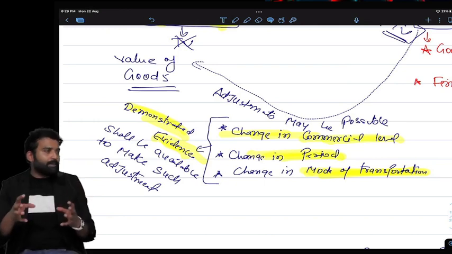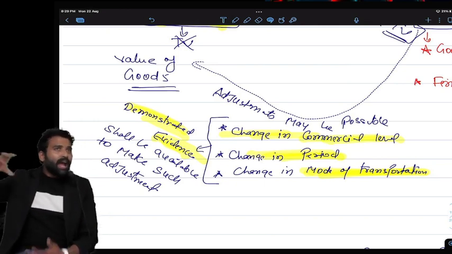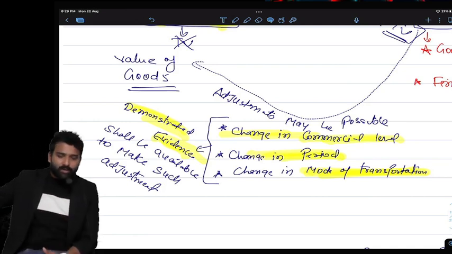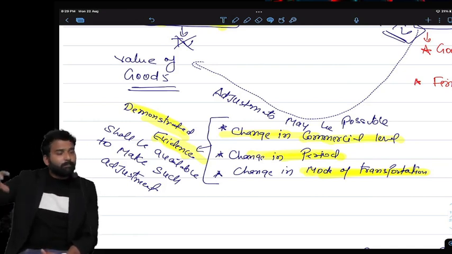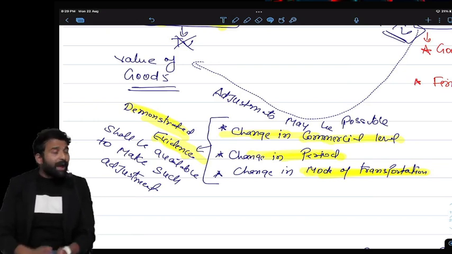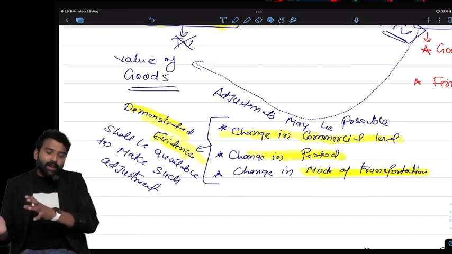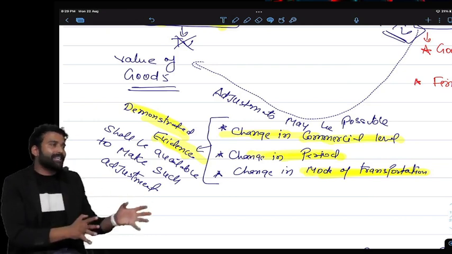The nearest time the goods were imported was 3 days earlier, and now my valuation is done using their value, but in these 3 days there are certain changes in the price. My commercial level is different from theirs, so I cannot adopt their price as it is.